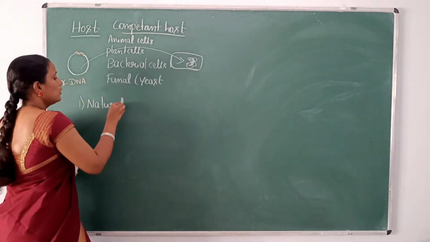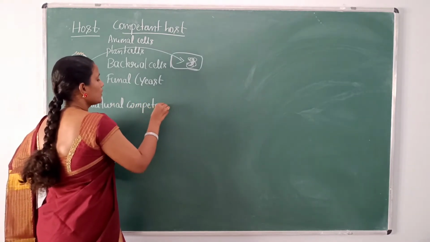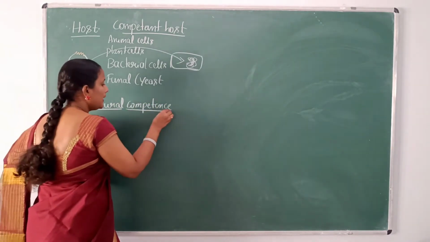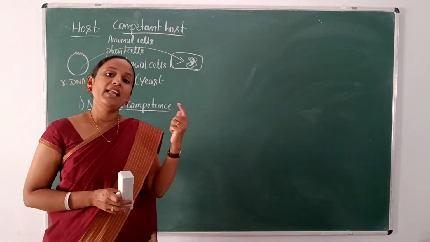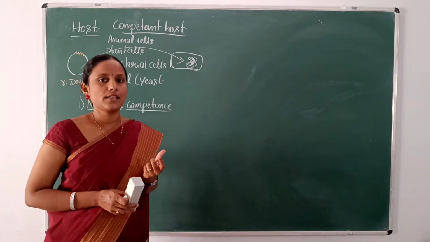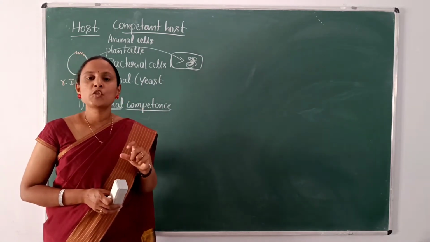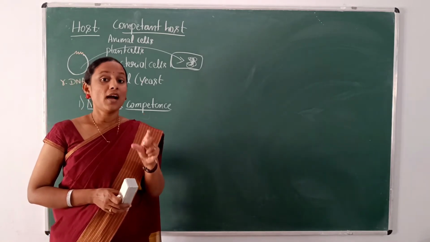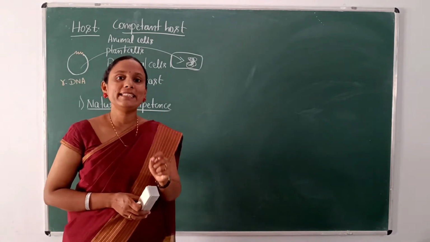Natural competence dates back to the 1900s when Griffith conducted an experiment on mice using Streptococcus pneumonia, the bacteria.